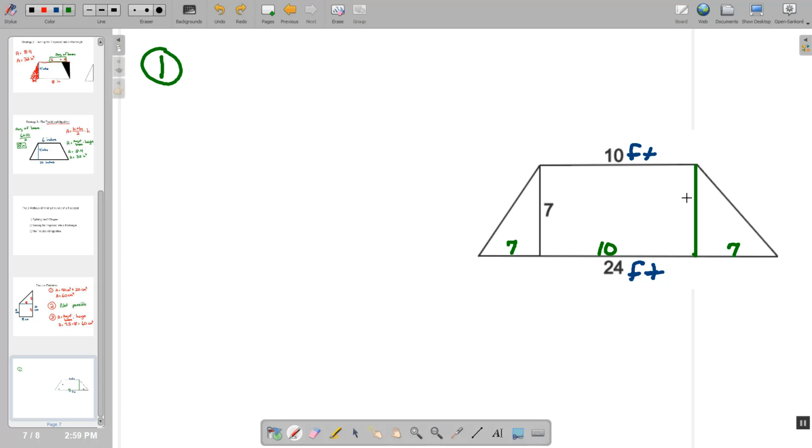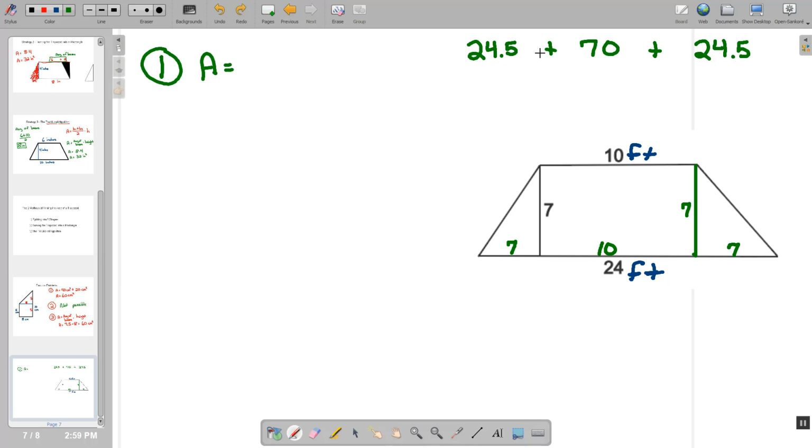Once we have that, we can actually just start finding the area of all of our parts. 7 times 7 is 49. 49 divided by 2 is 24.5. That makes this one over here also 24.5. And then the middle is going to have an area of 70, because 7 times 10 is 70.